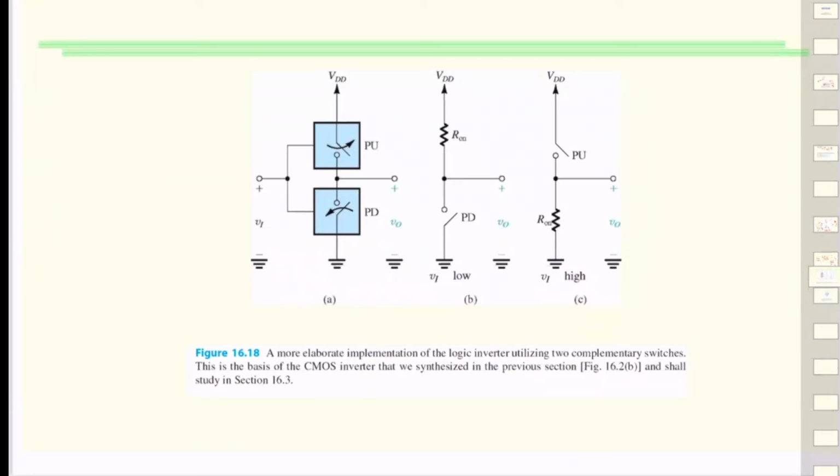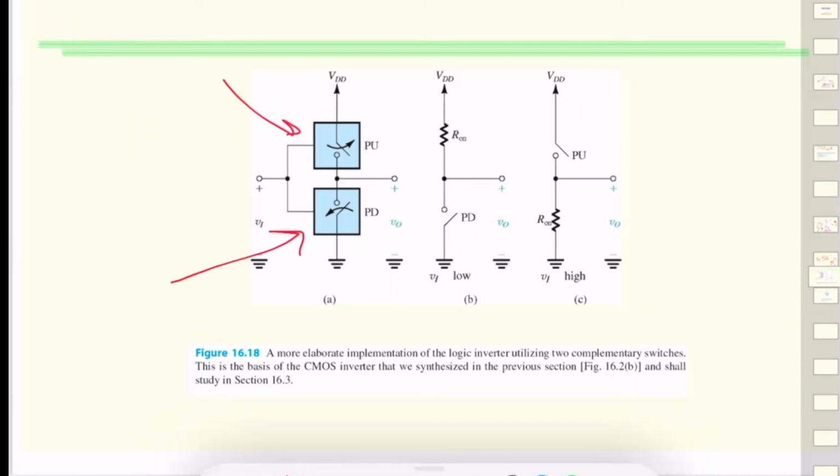And this is an example which is using a pair of complementary switches. Pull up connects the output node to VDD, and the pull down switch connects the output node to ground. So we have seen that before. This is on the higher side, power supply side, and that's on the pull up.